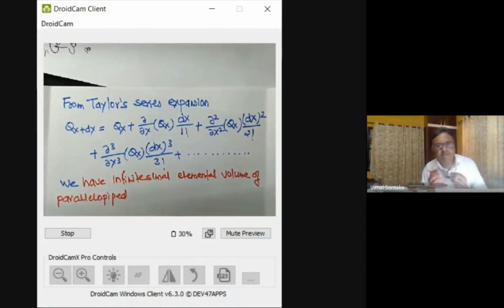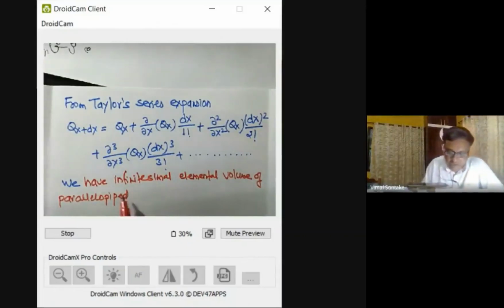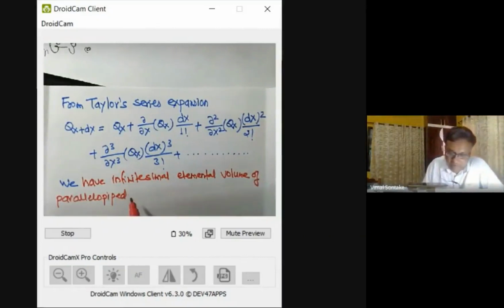Infinitesimal means very, very small. As a result, this dimension dx will be very small.